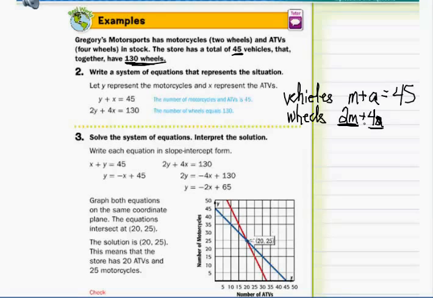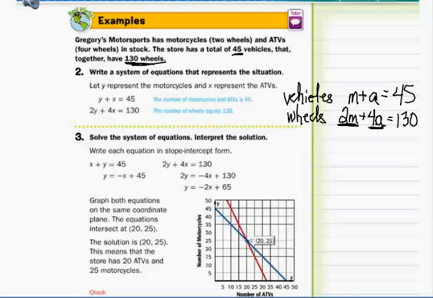All right, 4A. So 2 wheels per motorcycle, 4 wheels per ATV, and I have got to erase that. That is pitiful. Let's try that again. There we go. So 2 wheels per motorcycle, 4 wheels per ATV gives you a total of 130 wheels.